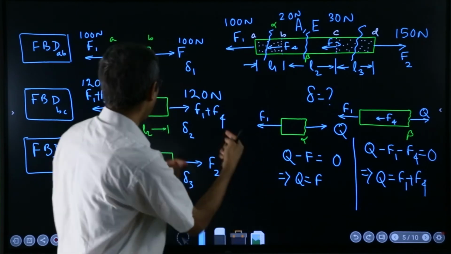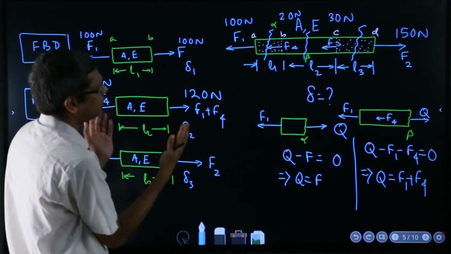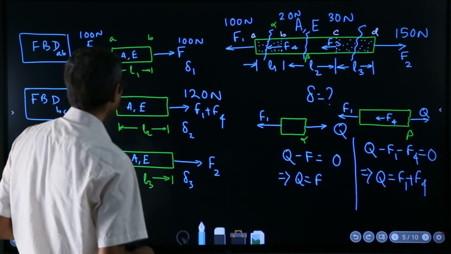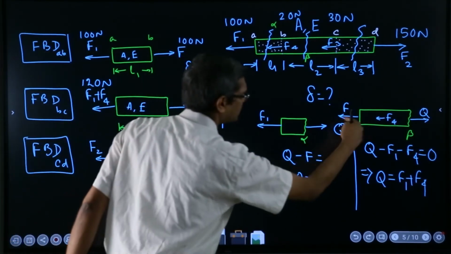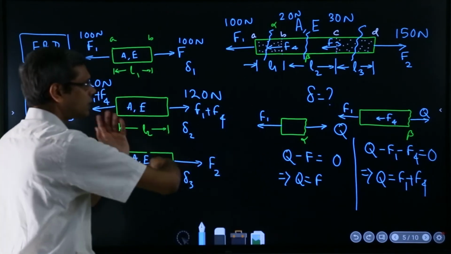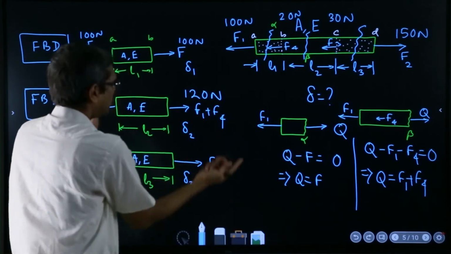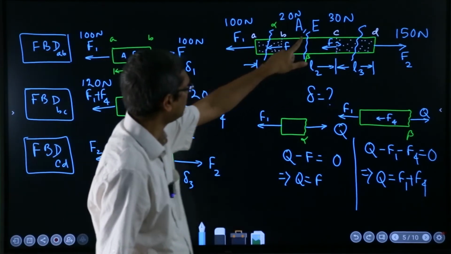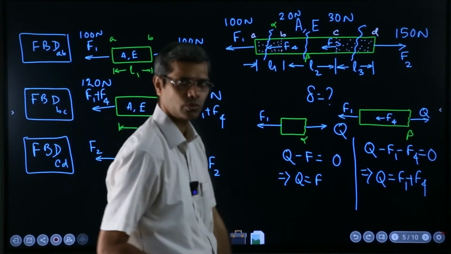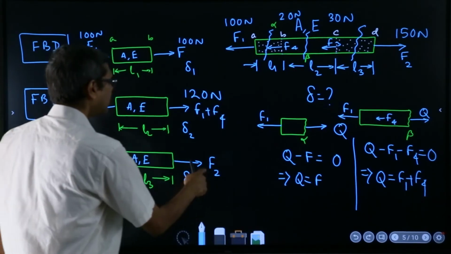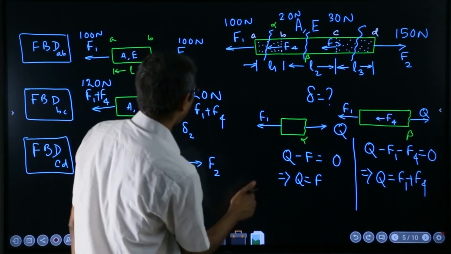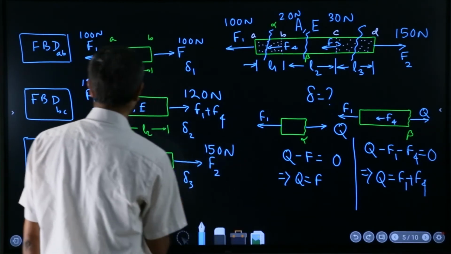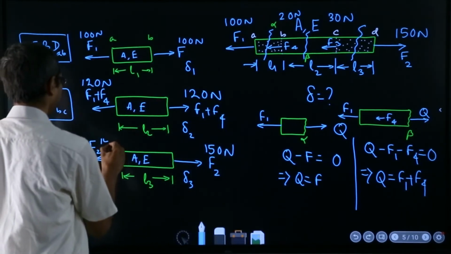Q in this direction would have been 120 Newton, minus 120 because this side is plus 120, so this side would be minus 120. So it doesn't matter which side of this imaginary section you keep. And this again is F2, so it's 150 Newton and it is 150 Newton.